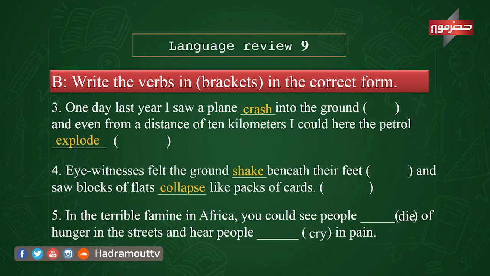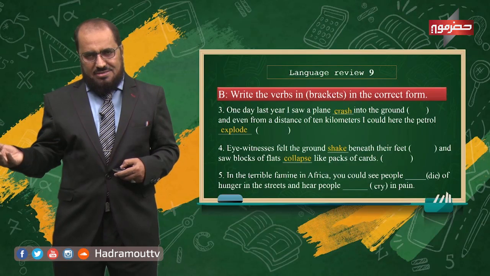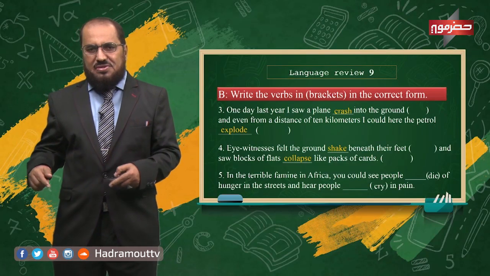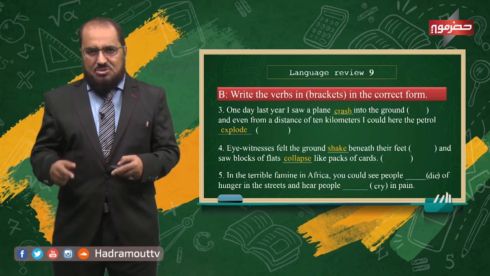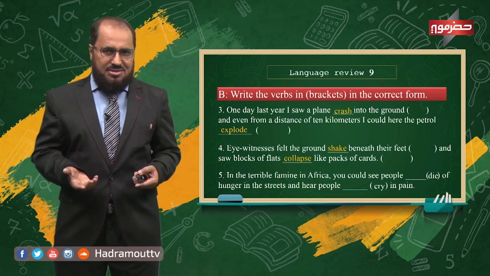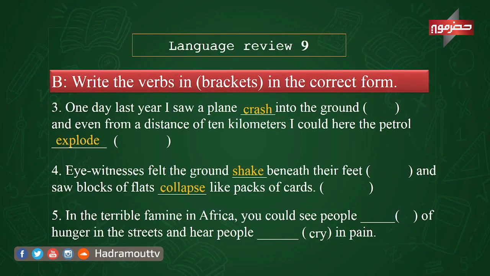Famine in Africa, yes, it's still continuous up to now. Up to now, there is a famine in Africa. Up to now, the people in Africa are still crying and dying of hunger. So it will be dying. What about cry? Crying. Okay. Why? Because it's still continuous up to now.